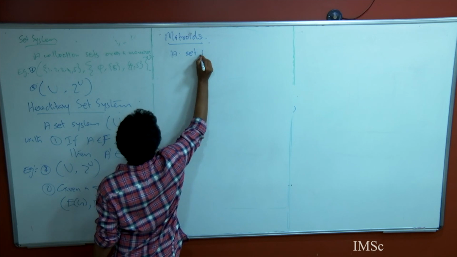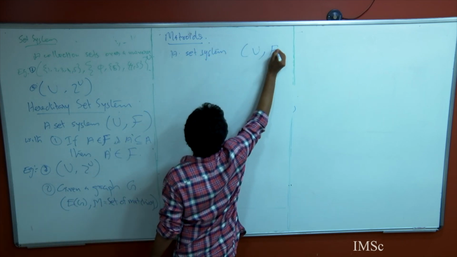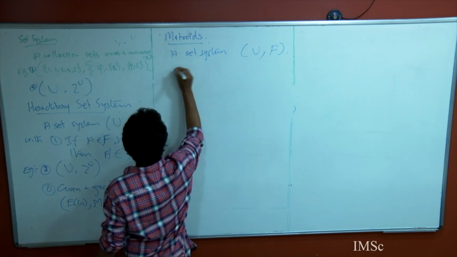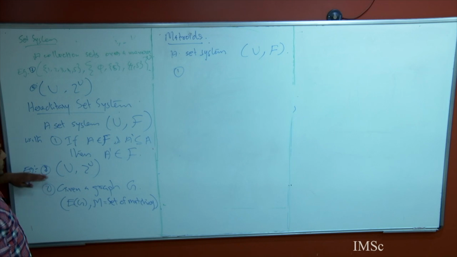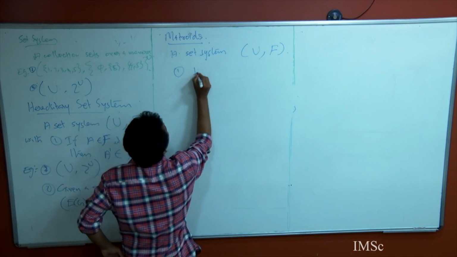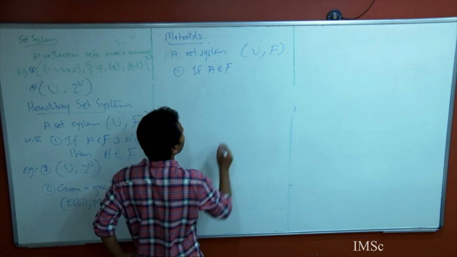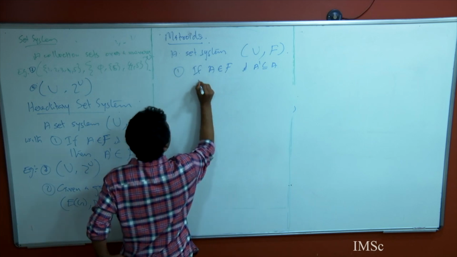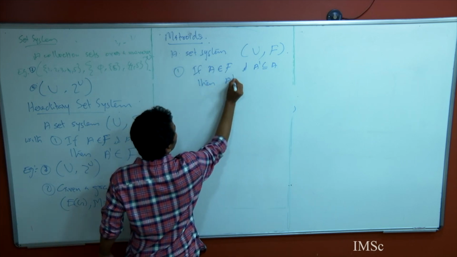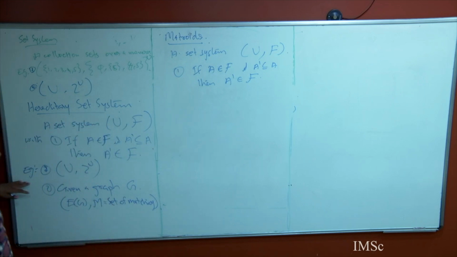A set system (U, F) with the following property. The first one is the hereditary property, that is, if A belongs to the family F and A prime is a subset of A, then A prime belongs to F. The same property as the hereditary set system.